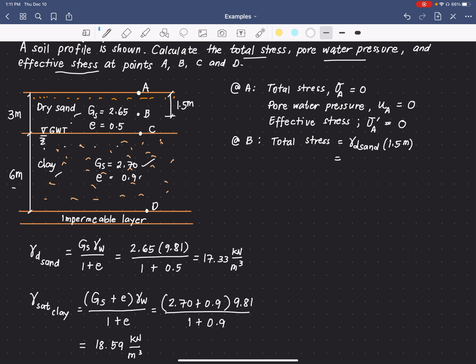So this is equivalent to 17.33 kilonewton per cubic meter by 1.5 meters, and this becomes 26 kilonewton per square meter. Then we have the pore water pressure.